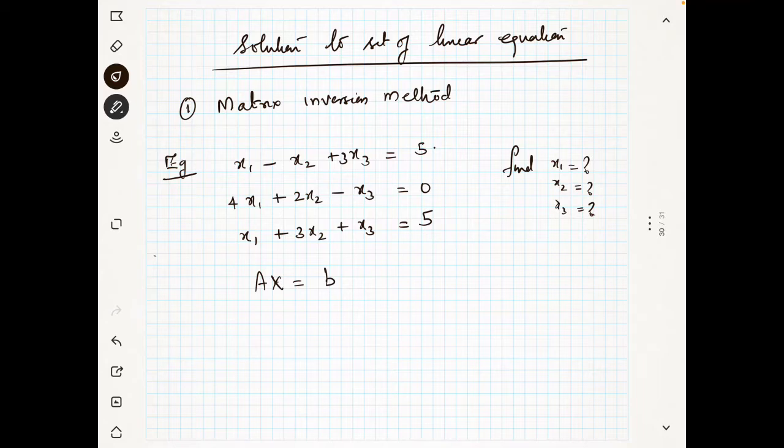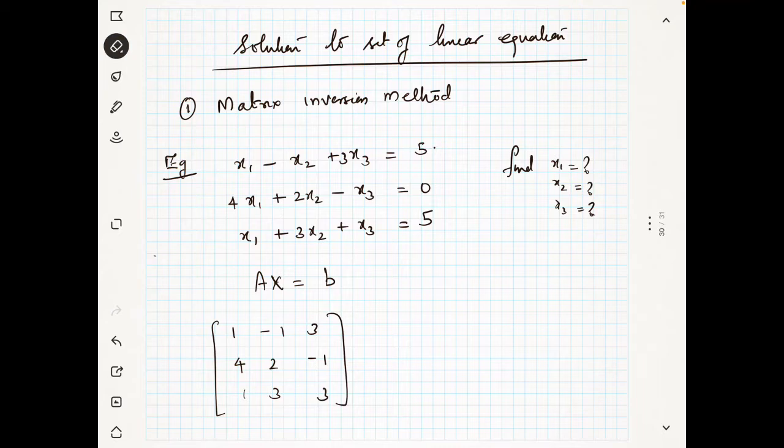That means 1, minus 1, 3; 4, 2, minus 1; 1, 3, 1, where the coefficient of x3 in the last row is 1.